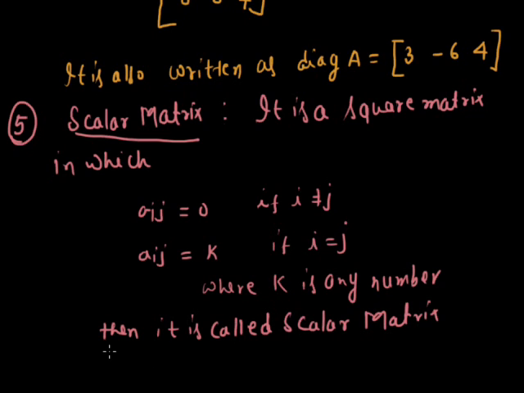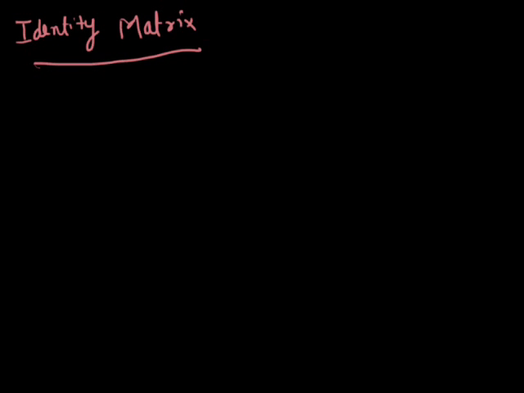For example, A equal to 2 0 0, 0 2 0, 0 0 2. This is a scalar matrix in which all the diagonal elements are the same. Now next, the identity matrix. What will be the identity matrix?